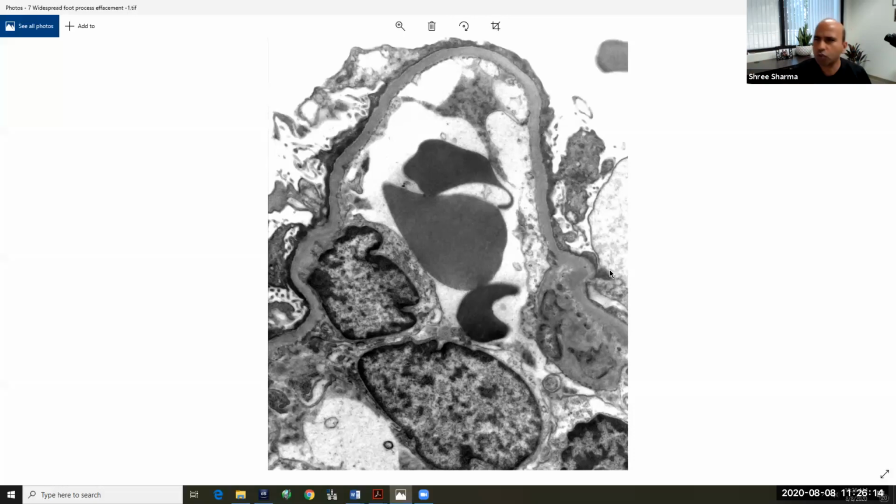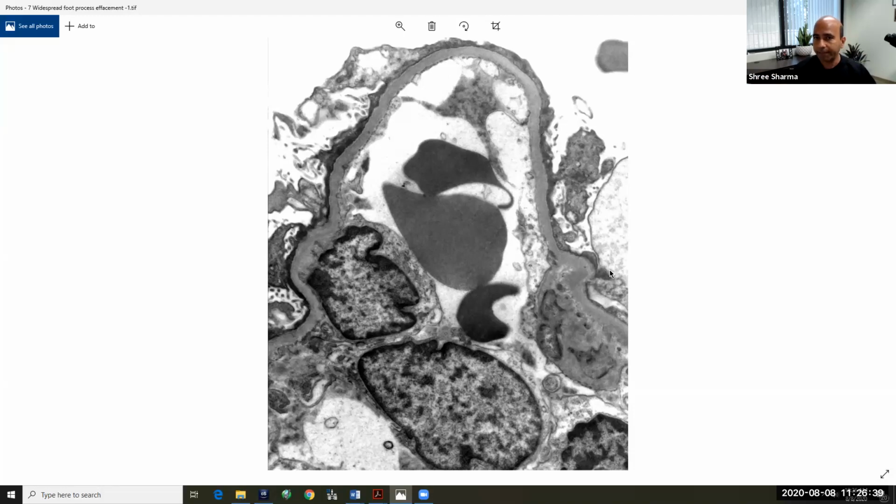So that's why there are so many definitions, and I think that confuses fellows a lot. If you look at the classification system of FSGS, we divide FSGS into primary and secondary. That is one way of classifying. Many people will say, let's classify on the basis of nephrotic syndrome or non-nephrotic syndrome FSGS, because for treatment, that is what is important for me.